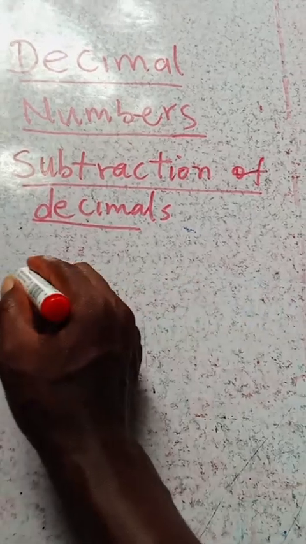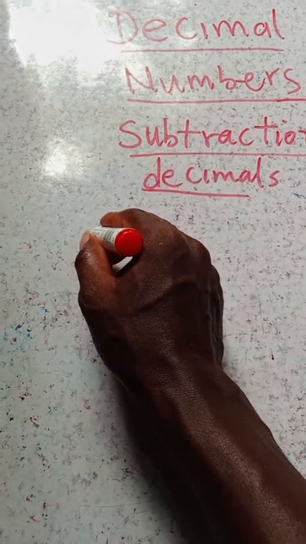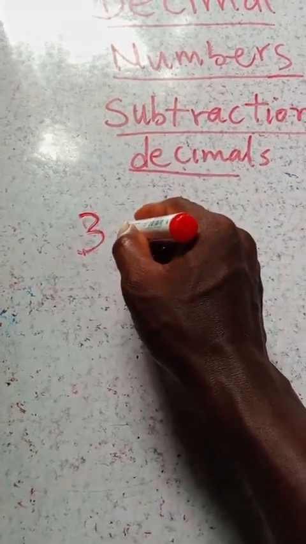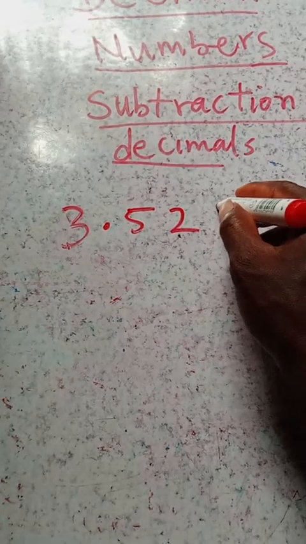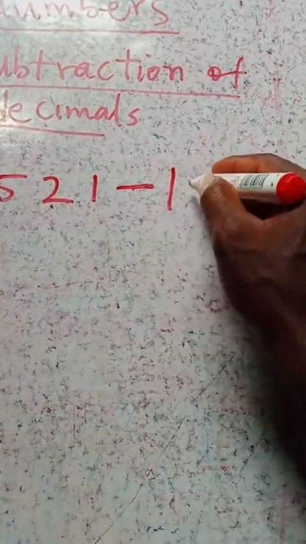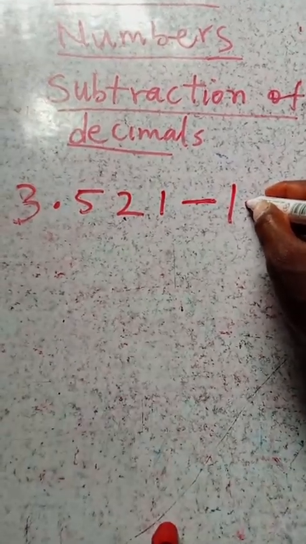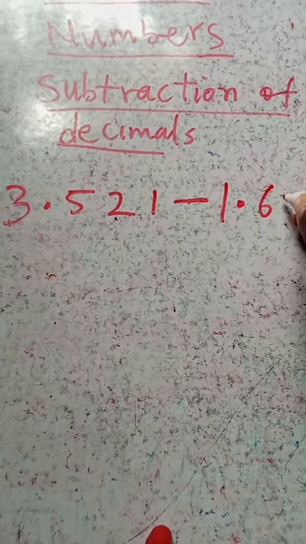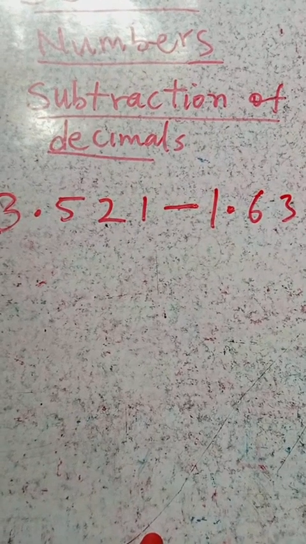Okay, again, if you have something like this, let's say 3.521, okay, minus 1.631.